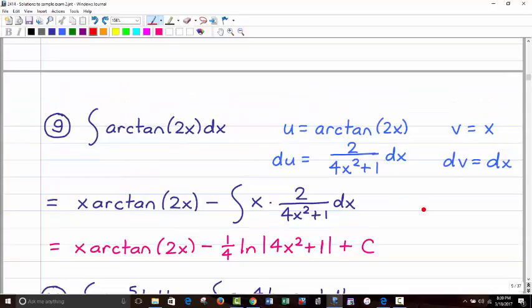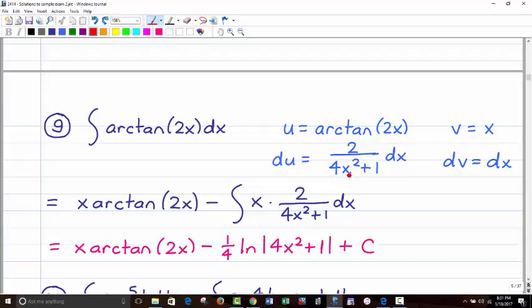The next one, number 9, is just arctan, no x term on this one, but still the same idea as you let u equal arctan 2x. So the derivative of 2x is 2 over u squared plus 1.